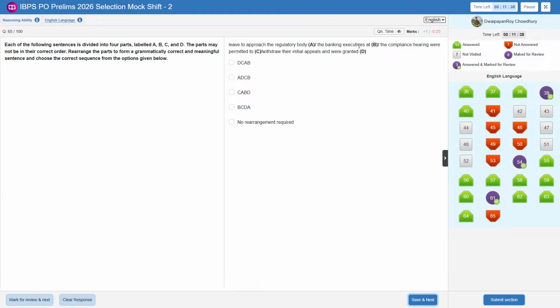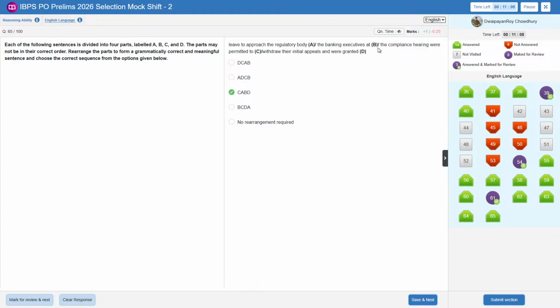The banking executives, at leave, at withdraw, at the compliance, leave. So C to start with, the compliance hearing were permitted to leave to approach the regulatory body.